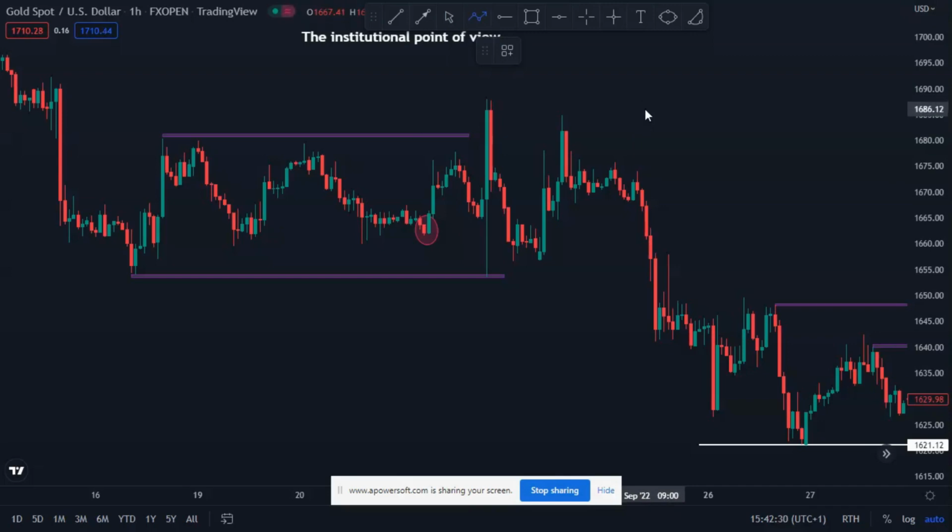Let me first analyze for you a bearish move. It starts like this most of the time, then like this. So they create fear, they distribute, and then they end into fear.